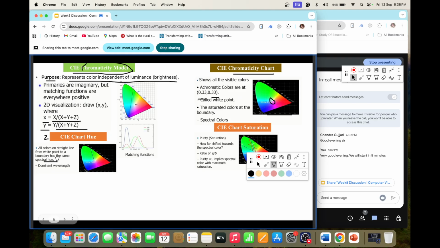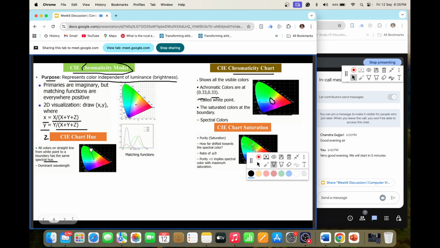So that is what the CIE chromaticity model defines: if we draw a straight line from the white point to the boundary, all the points that lie on the straight line will have the same spectral hue.